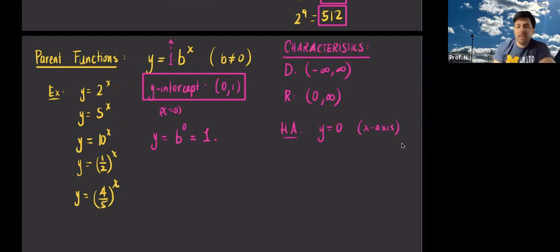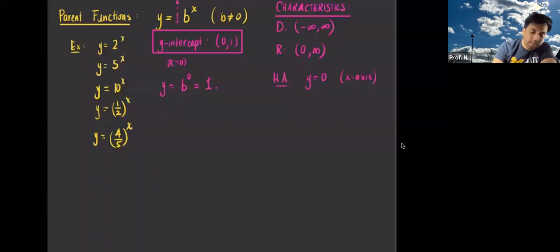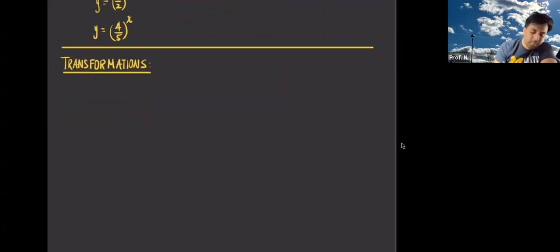Okay, so we have the domain, the range, and the horizontal asymptote. Now, of course, we're not going to stay here. We're going to talk about the transformations. Transformations of exponential functions, right?